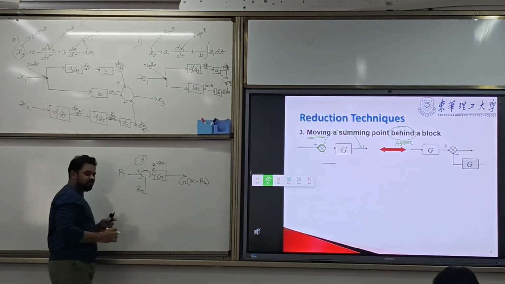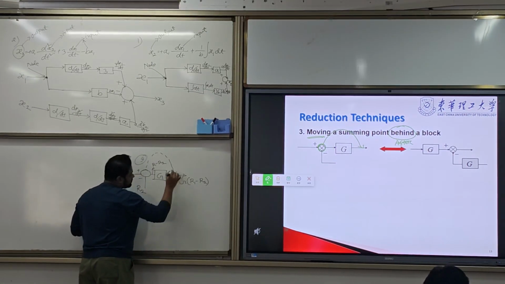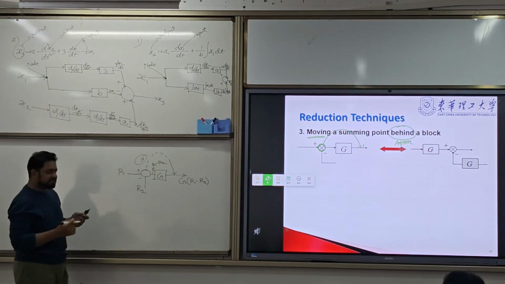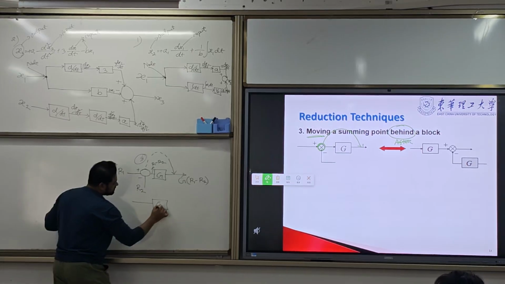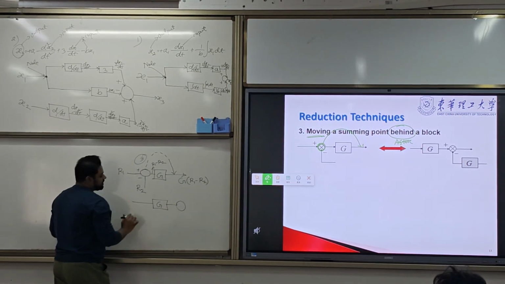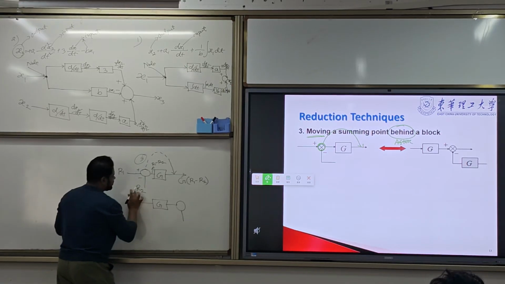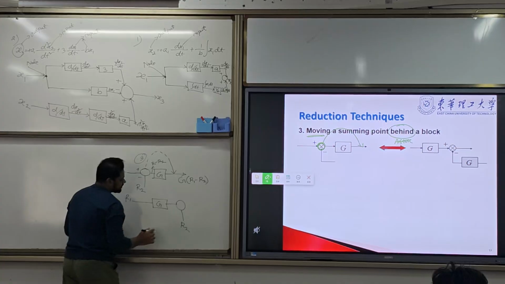Now, if I want to move this after this block, let's see. I will redraw this. I have a gain, and now I have a summing point after it, with R1 here and R2 here.